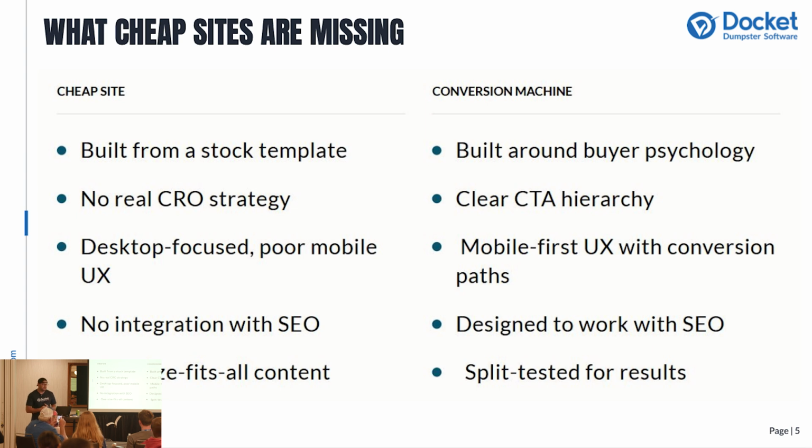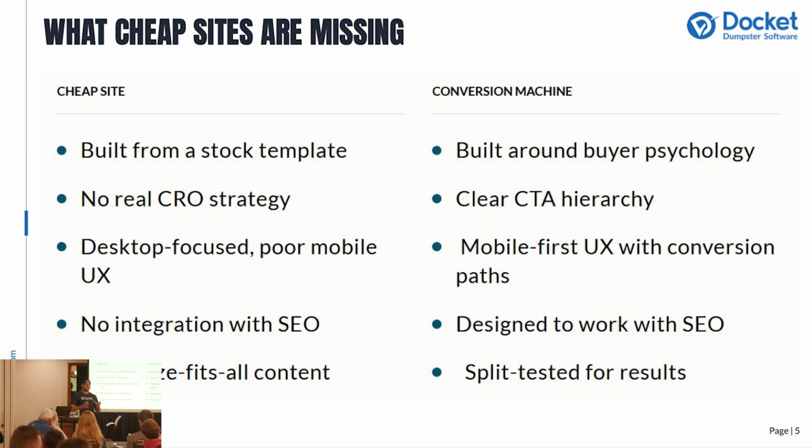Desktop focused and poor mobile UX. UX stands for user experience. So something that has changed and people continue to forget is those phones that we carry in our pockets are usually one of the first things that we use when we're researching a company or looking for something to buy. We look it up on our phones.